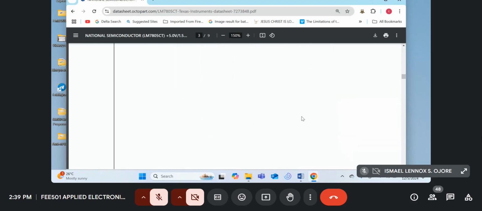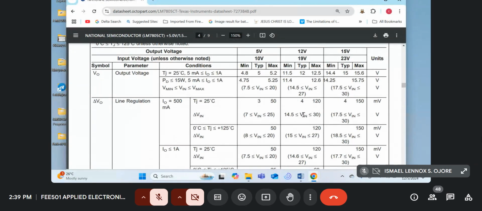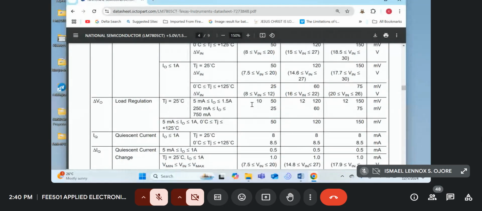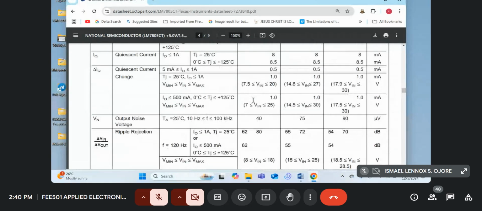Okay. So if you go to the internals of this, because this is the manufacturer, he's going to give you lots of details, technical data. So they've got all the 5 volts, 12 volts, 15 volts all lined up, the maximum output voltage over there, and the minimum. And then they'll give you the maximum input voltage.